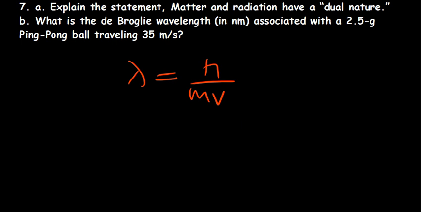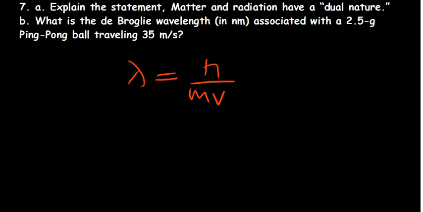So this came from E is equal to mc squared, in terms of a particle, and in terms of a wave, E is equal to hv as well. So combining the two equations, this is what comes up.